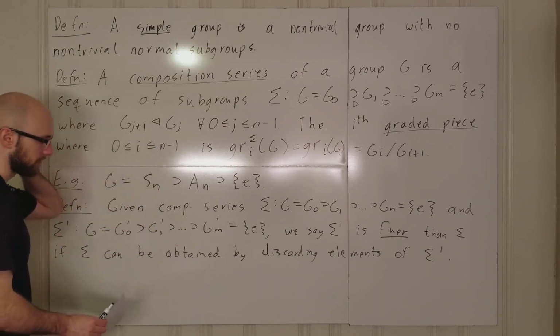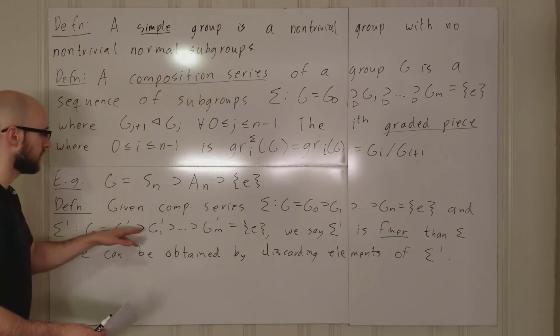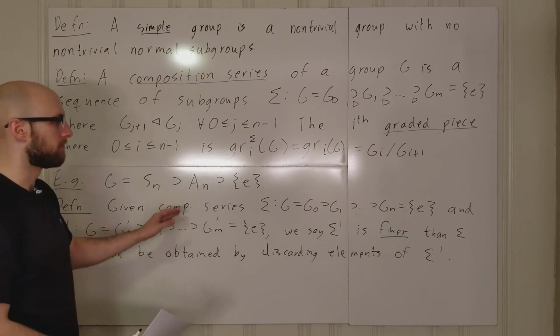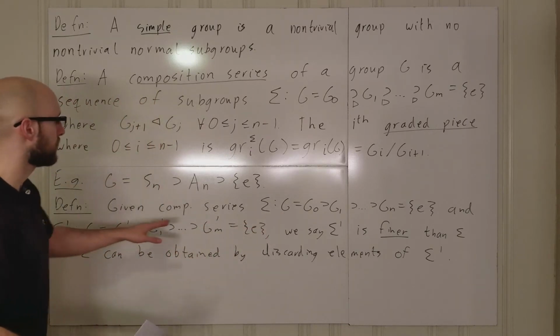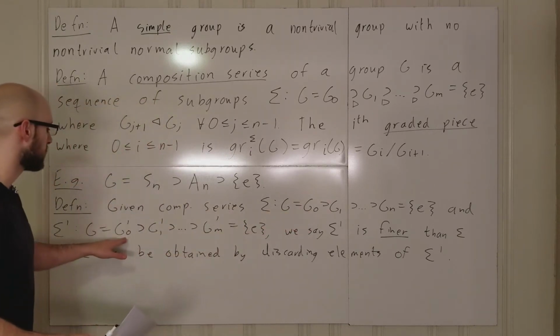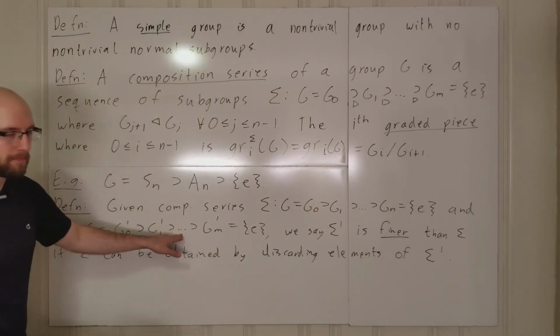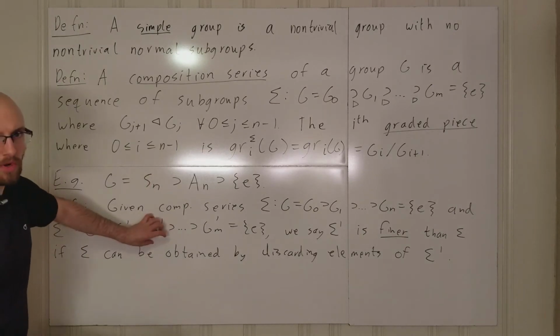So what we could imagine is maybe in sigma prime we've got G naught prime, contains G1 prime, contains G2 prime, but if you write this in terms of sigma, then maybe G naught is equal to G naught prime, but G1 here is equal to G2 prime. So you remove G1 prime.